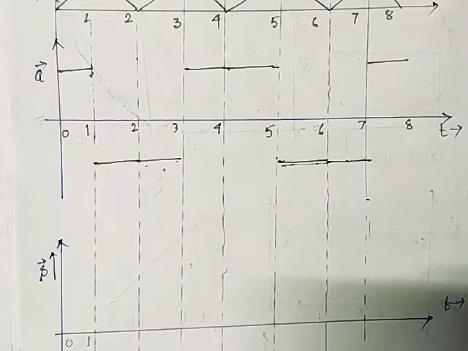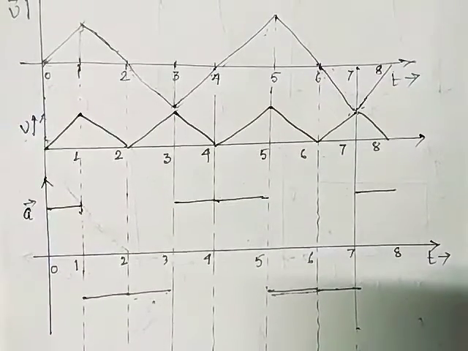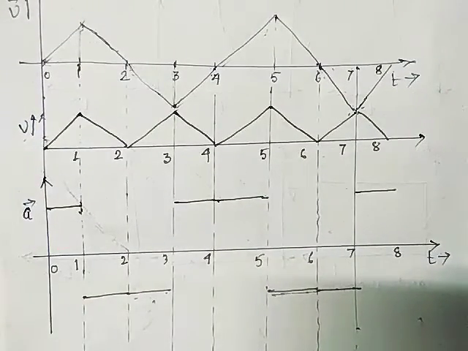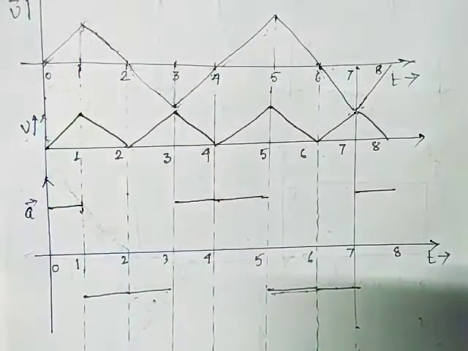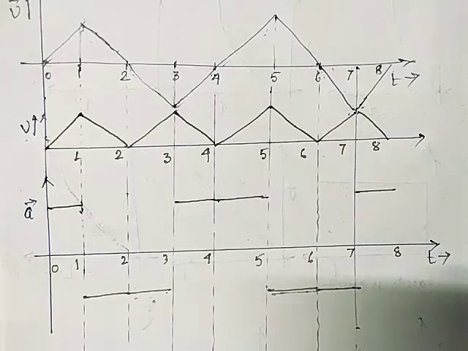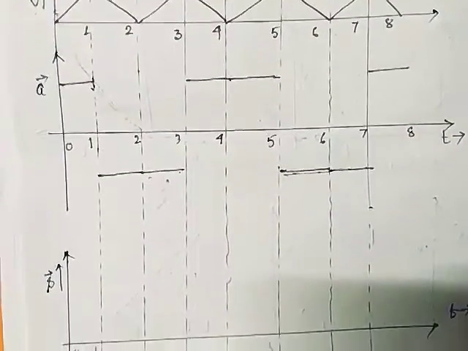For the first interval from 0 to 1, if I look at the acceleration, it is constant. Velocity is increasing linearly. Acceleration is constant. So how will it look? Obviously it is increasing.